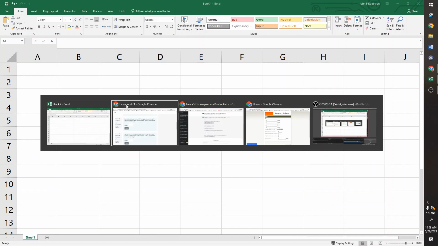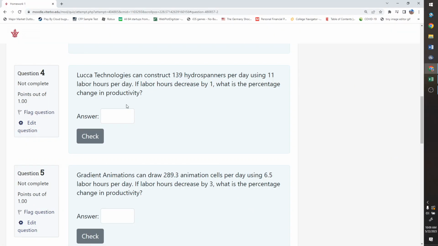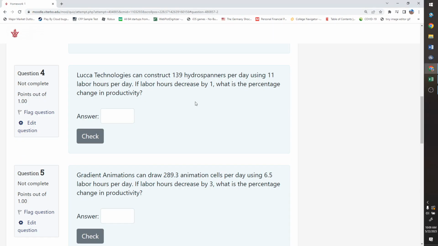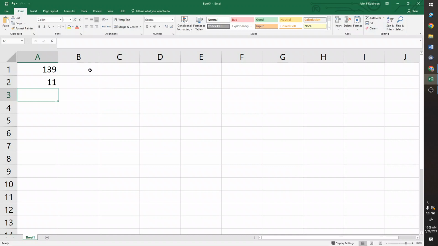So we've got, what have we got here? We've got 139 per day using 11 labor hours per day, right? So 139 and 11. And then we're going to have a new one with labor hours decreased by 1. So 139 and then 11 minus 1.